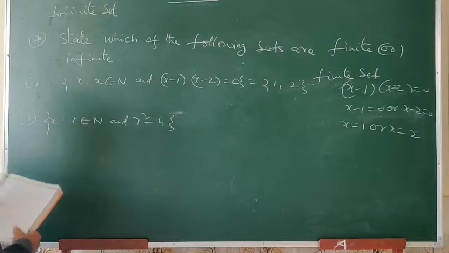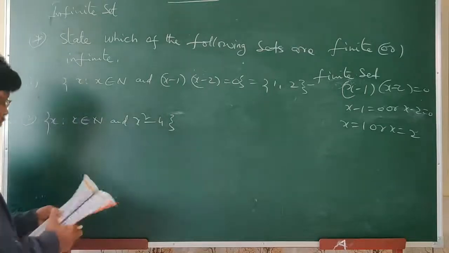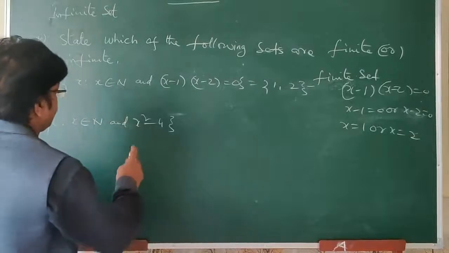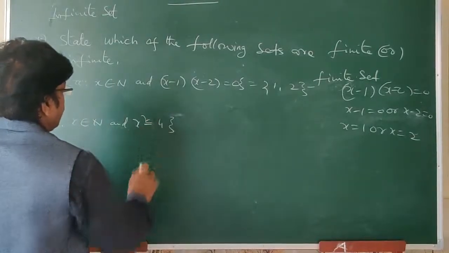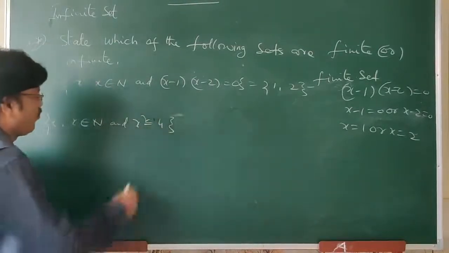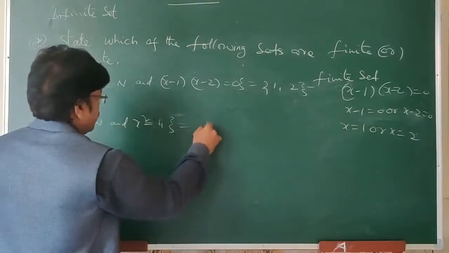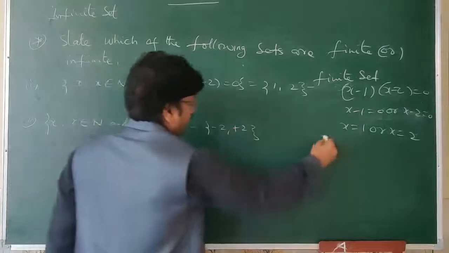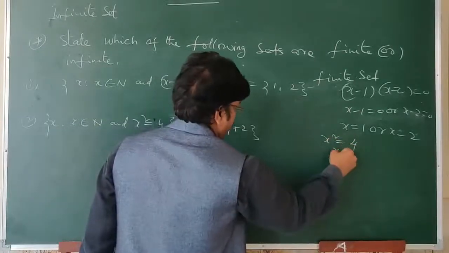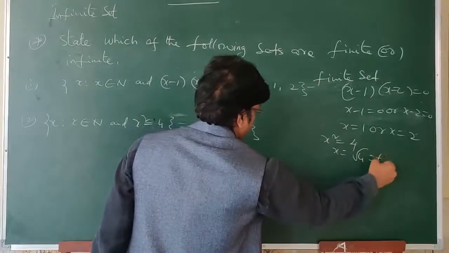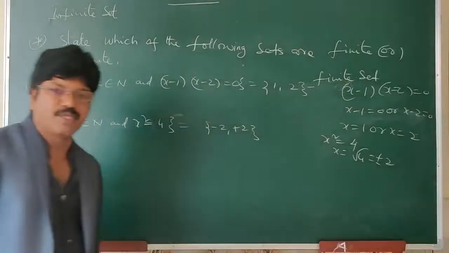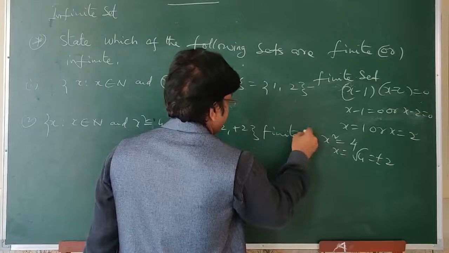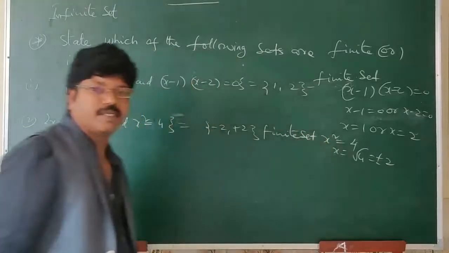Here x square equals 4, so x equals root 4, which is plus or minus 2. This is the set of minus 2 and plus 2. This is a finite set.